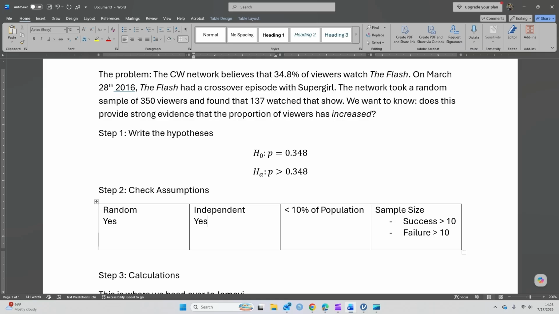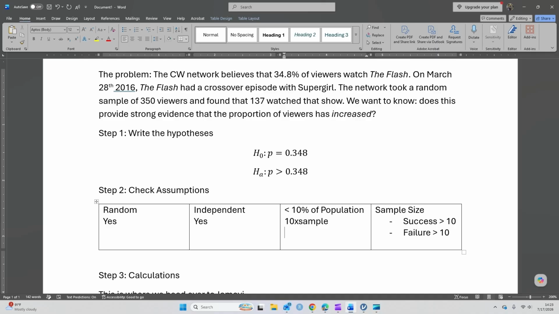Usually you would be looking for something that would indicate a bias. And then less than 10% of the population. To use the normal distribution here, we need this to be less than 10% of the population. The thing that I actually do is I do 10 times the sample size and then see if that seems reasonable.